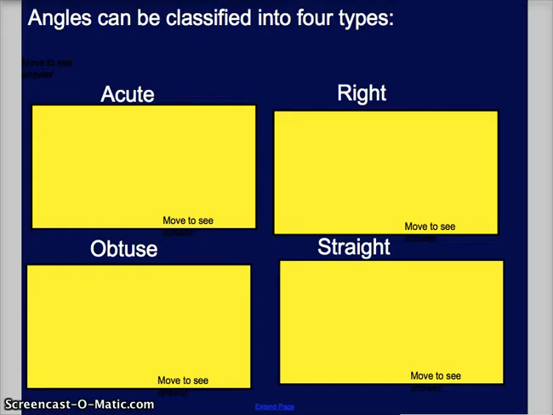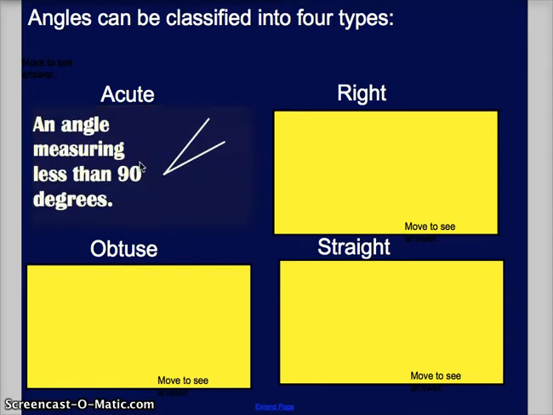All right, to recap, we've got 4 different types of angles. We've got an acute angle. Acute angles are angles measuring less than 90. So we've got between 0 degrees and 90 degrees. That's an acute. Okay, we've got right angles.